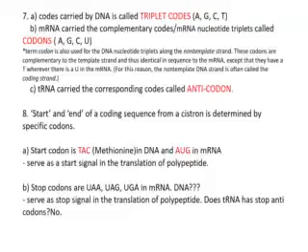These codons are complementary to the template strand, thus identical in sequence to the mRNA, except that they have a T in the DNA wherever there is a uracil in the mRNA. For this reason, the non-template DNA strand is often called the coding strand.